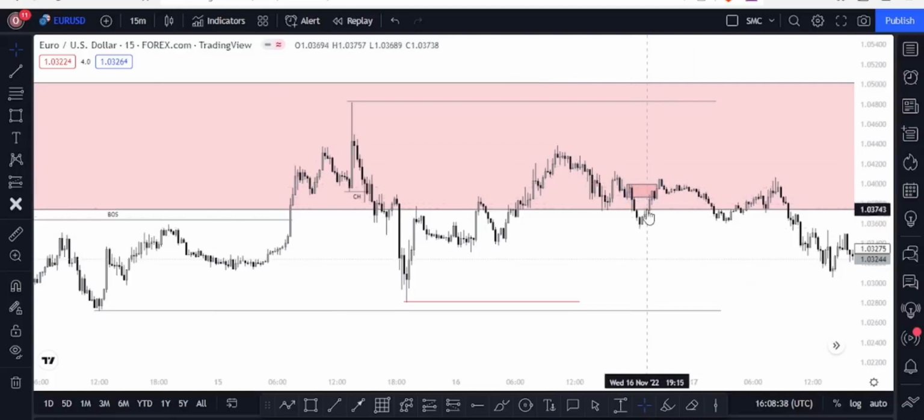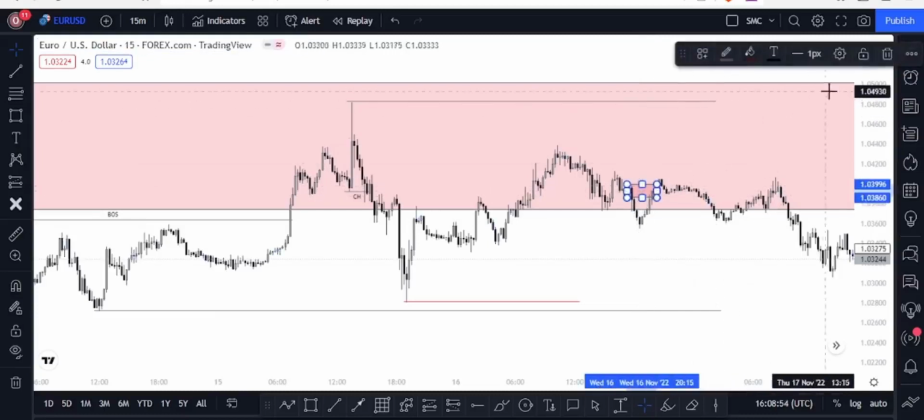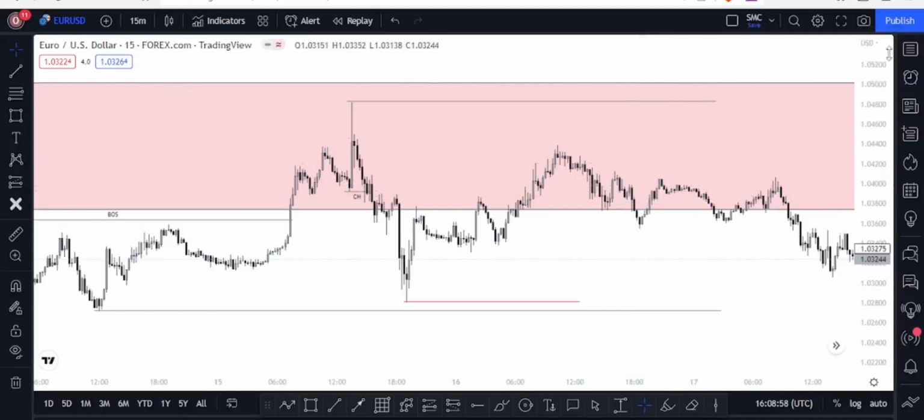Let me say something here. If you do not find liquidity before the OB, the candle you want to mark as an OB, then you will become the liquidity in the market. Your OB will become the liquidity in the market. I want you to understand that very, very well. These things are simple enough to understand, but if you want to learn more, then you need to take advantage of our mentorship to really learn more.